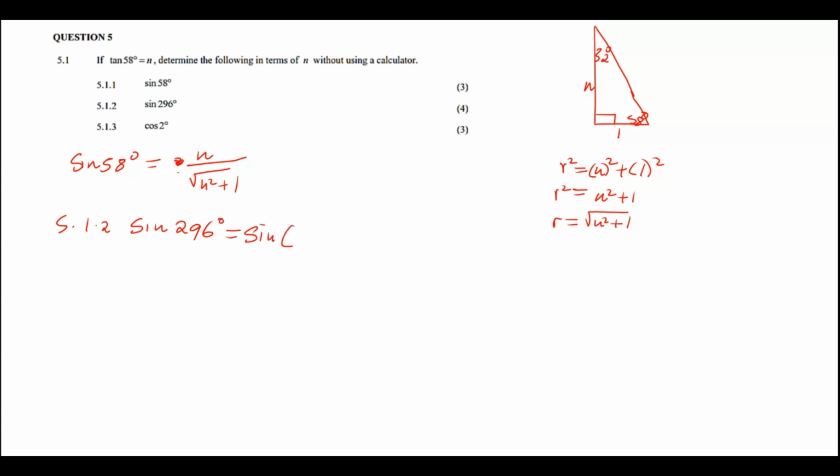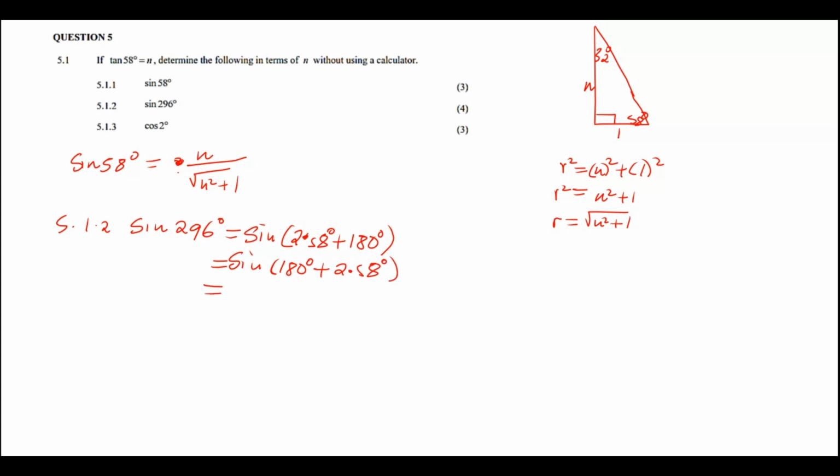so we can simply write this as sine of 2 multiplied by 58 degrees plus 180 degrees. And it can also be written properly as sine of 180 degrees plus 2 multiplied by 58 degrees in this particular fashion.